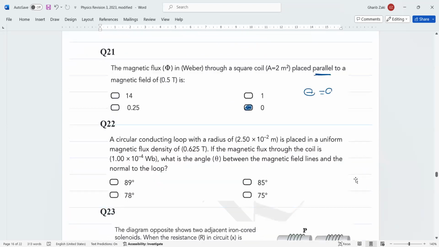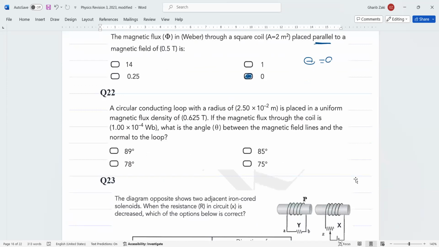Now, circular coil. He said, what is the angle between the magnetic field lines and the normal? Take care. This is B, this is our theta, and this is A, but we need the angle between the magnetic flux density and the normal. We calculate theta. How? Phi equals B A sine theta. From the given, you get theta equals 46.7.